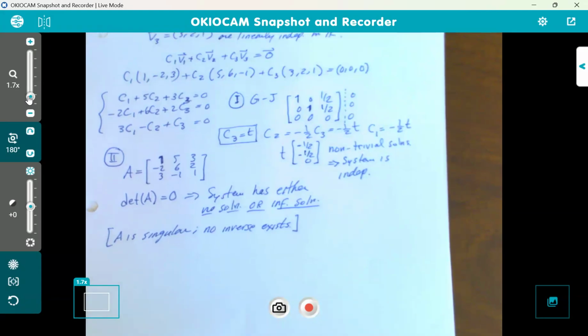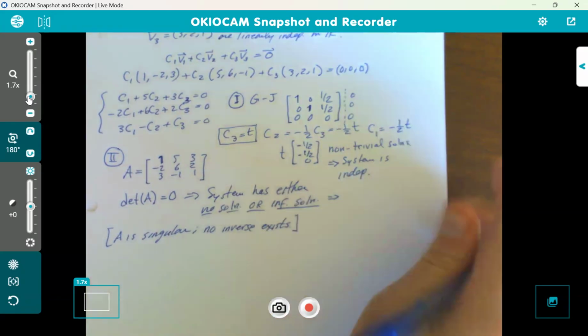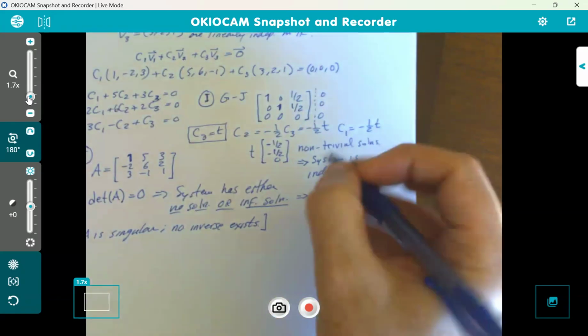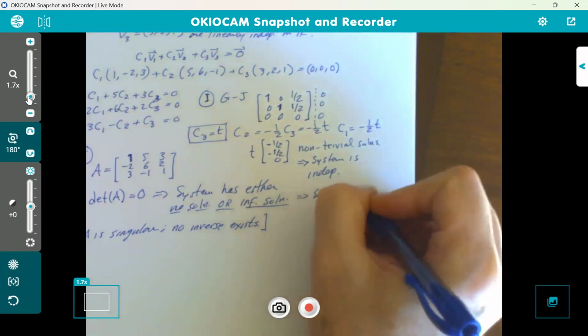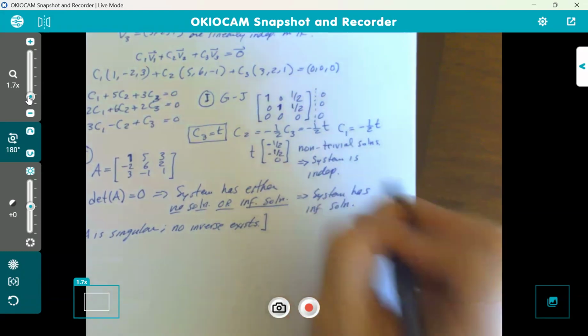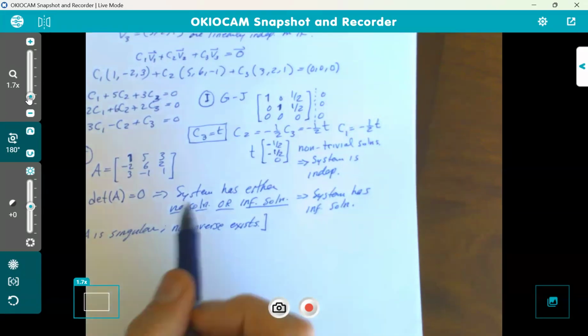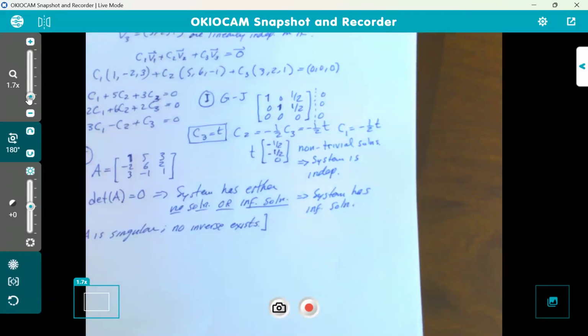Therefore, we can say from this that the system has infinite solutions. Okay, the no solution case doesn't apply here, folks, because we know the trivial solution works, right?